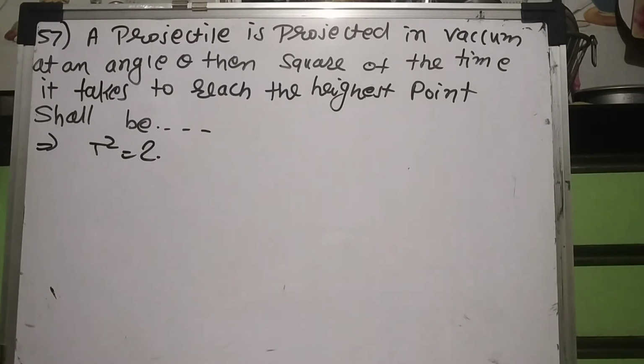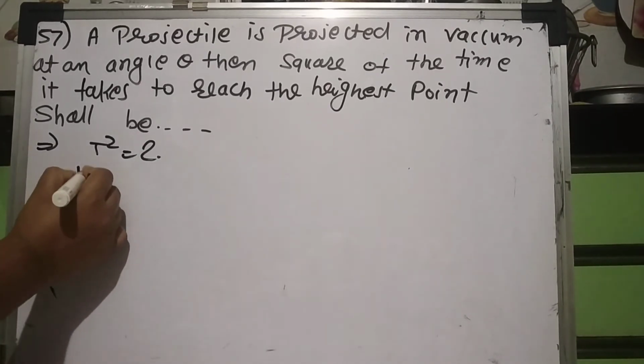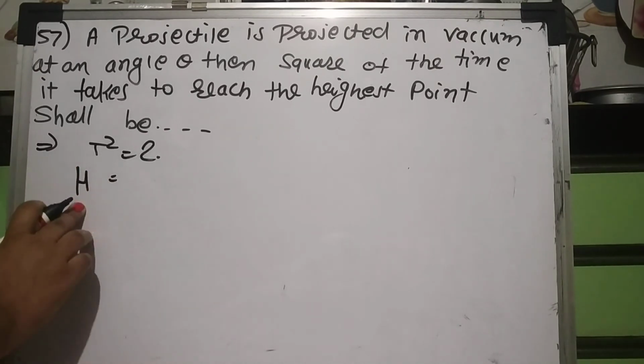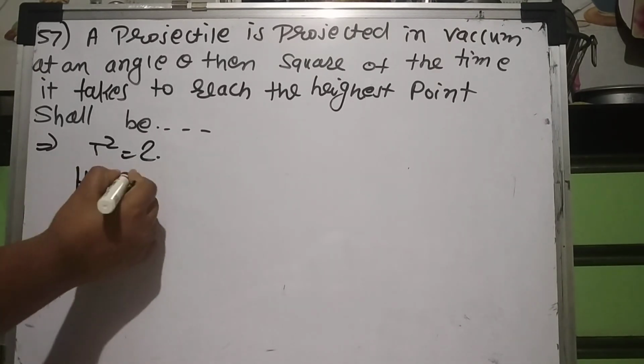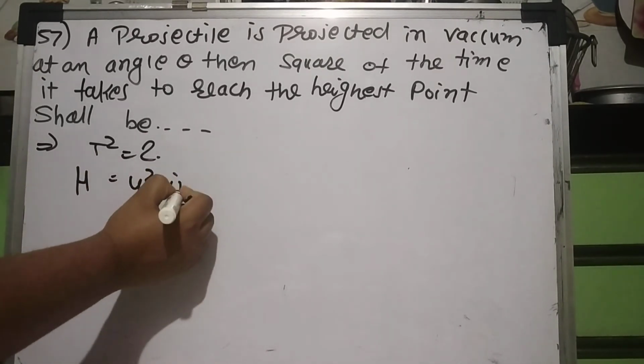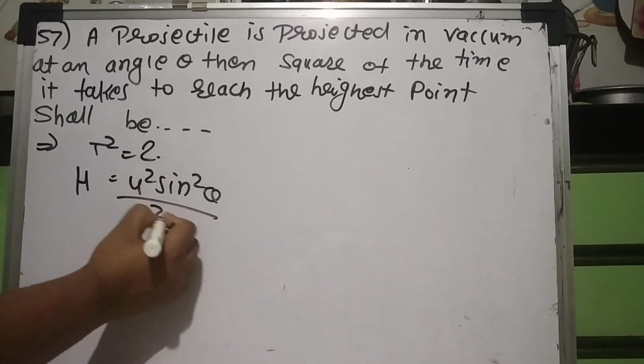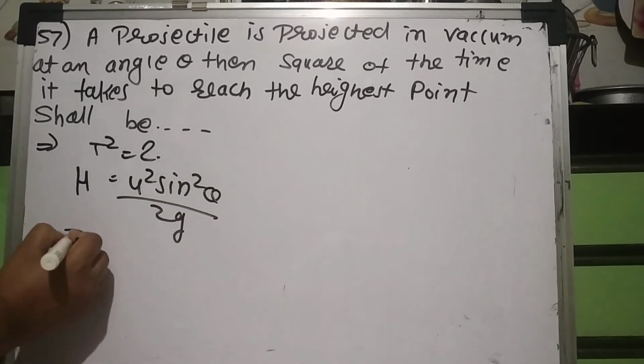That means we have to calculate t square in terms of g. So how to calculate it? Simple, we have to calculate the height. What is the formula for height h? H is equal to u square sine square theta divided by 2g. And what is the formula for time?